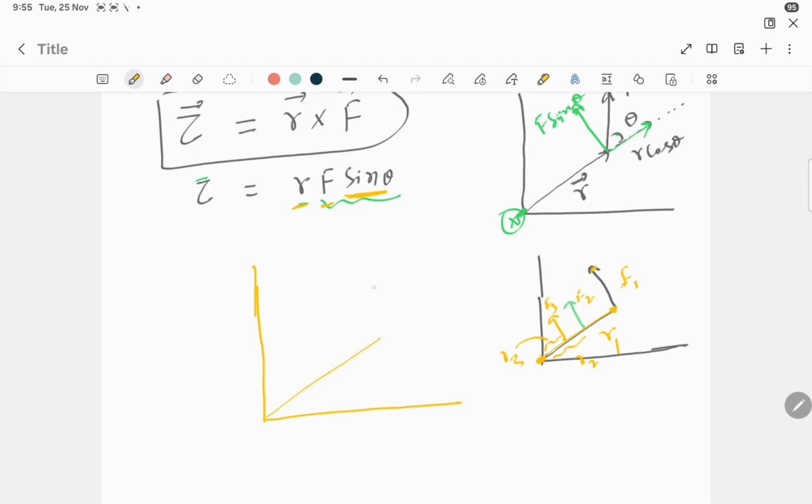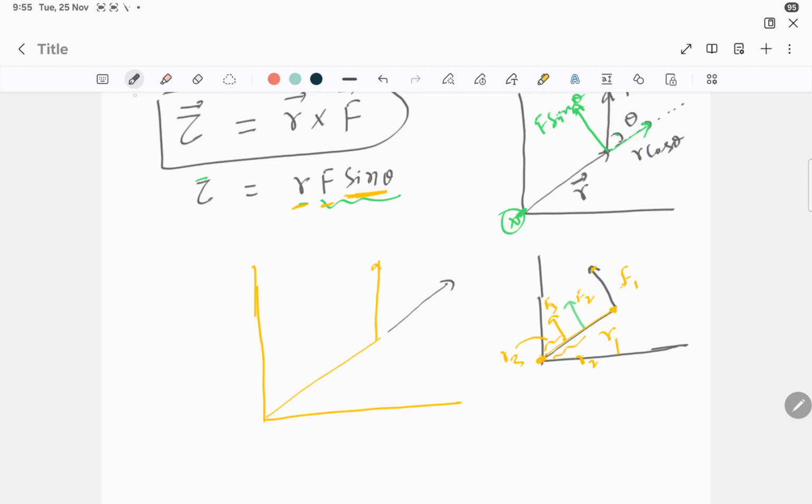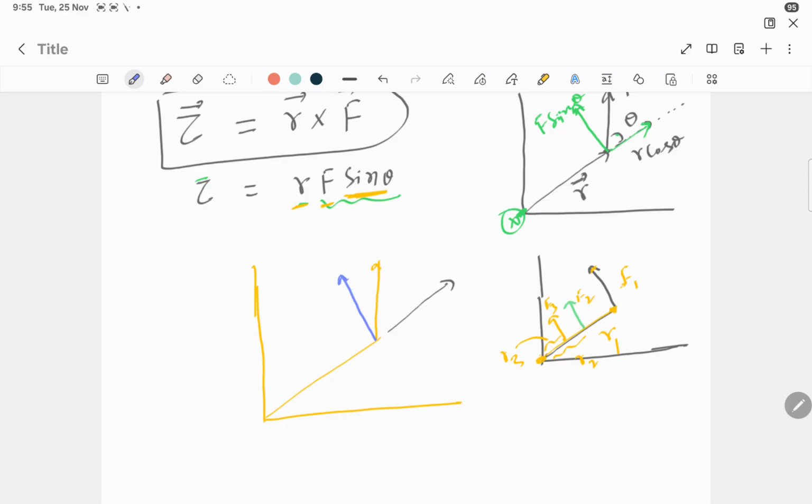If a force is acting like this, and another force is acting like this, and yet another force is acting like this, we can see that force F1 has no component along the perpendicular direction, and it is only the perpendicular component of the force which is causing the rotation.